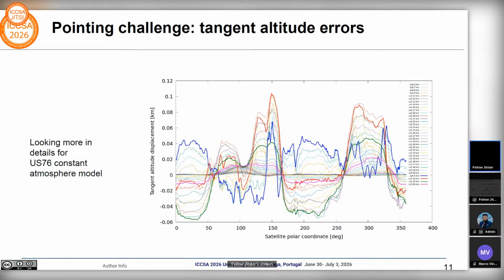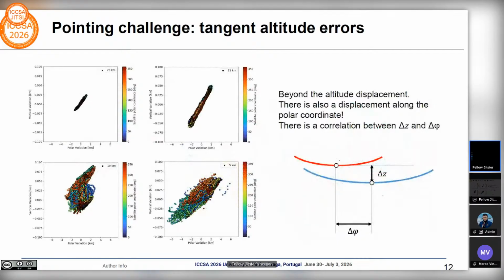So we explore and check the error that we commit on the altitude aspect. Then the problem is also a two-dimensional problem, so we look also at the horizontal displacement for the same altitude. There is also displacement on the horizontal part of the tangent point, and with a constant atmosphere, there is a displacement up to about 6 kilometers.